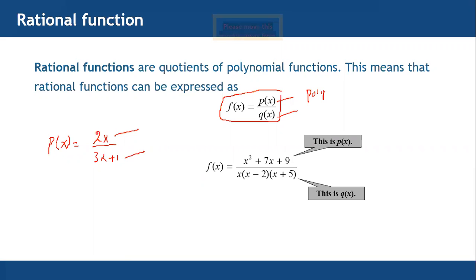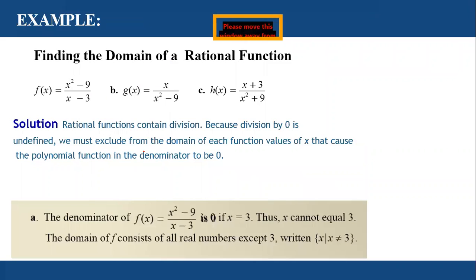Okay, so how can we find the domain of a rational function, the range, and the graph of a rational function? Let's try. Both a, b, c functions are rational functions because the numerator and denominator are both polynomials. We have x square minus 9 and x minus 3. First of all, when such a question is given, check if you can find common factors.